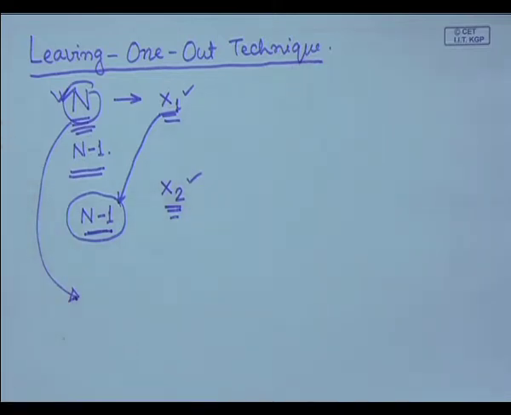Now, this can be slightly relaxed, in the sense that instead of every time leaving one sample, I can set aside 10% of the samples, and I design the classifier using the remaining 90% of the samples, and this classifier will be tested using the 10% samples which were set aside. So, every time I set aside 10%, using the remaining 90% I design the classifier and test it with this 10% of samples.